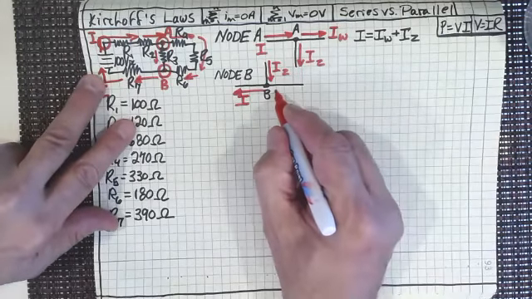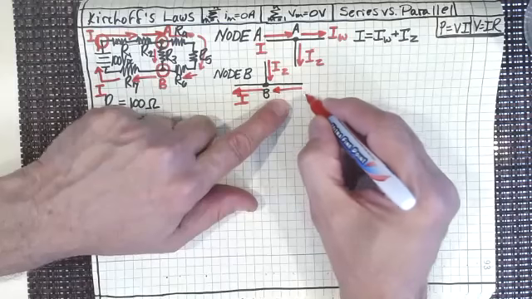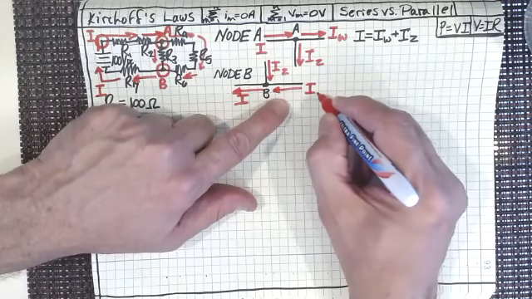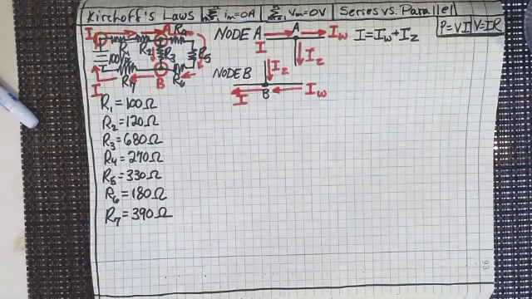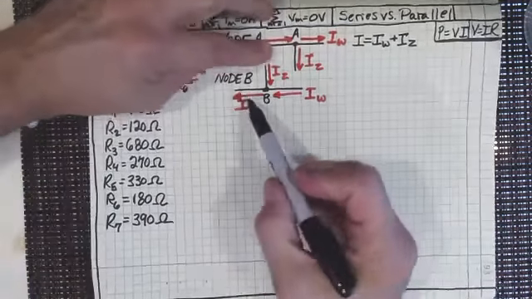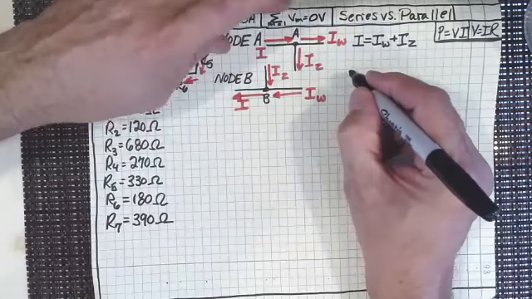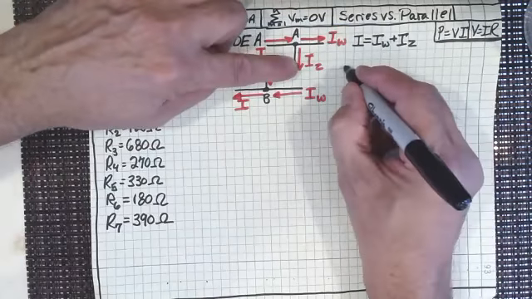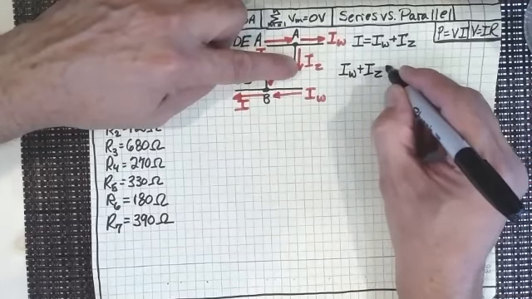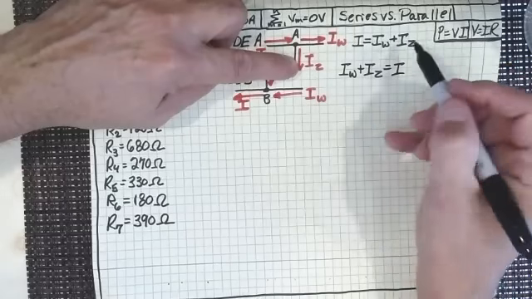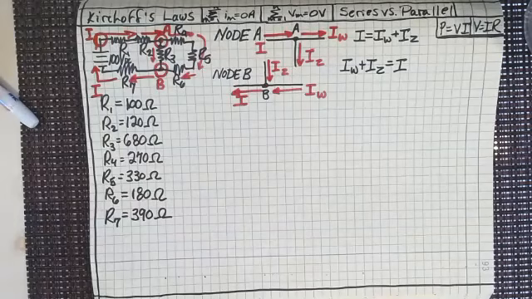So I've got my current coming back into here, and that current is the same current that went out at point A. So I sub W. So we get the other equation right here, which really is pretty much the same, because the current out is going to be I and the current in is I sub Z and I sub W. So what we really have, if we're summing up the currents that are going in, we've got I sub W plus I sub Z equals I. Same exact equation, at the two different nodes, just summing up the current that's going in there.